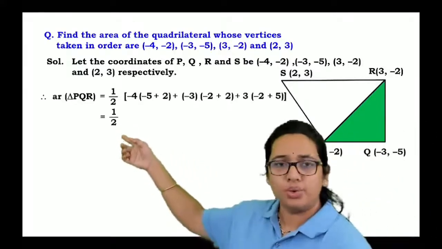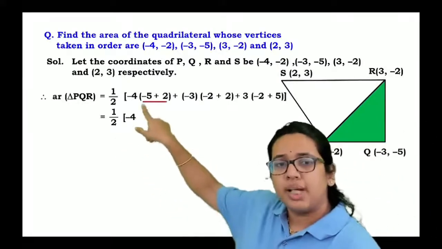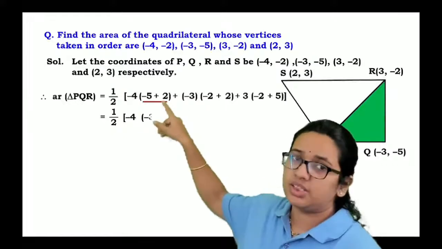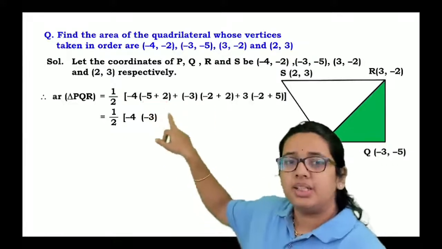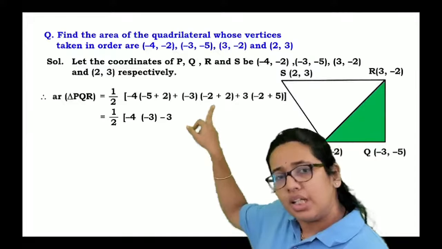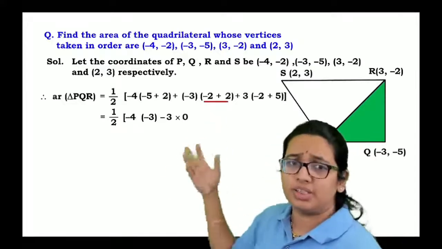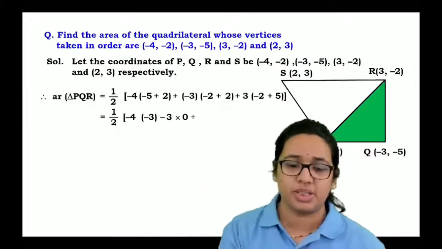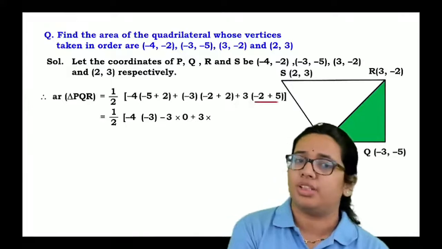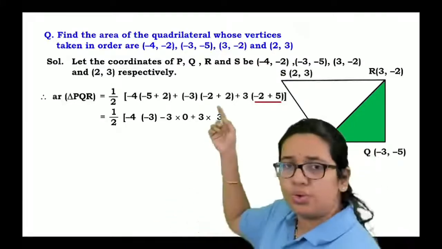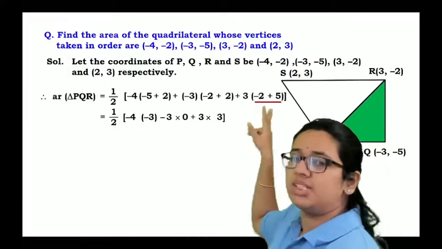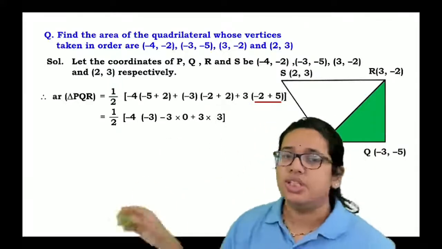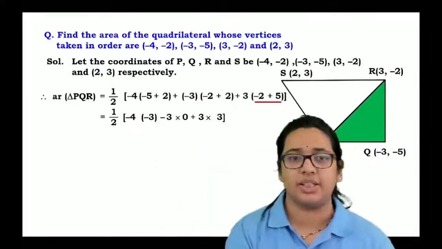Half into -4 into (-5 plus 2) will give us the answer -3, plus -3 into (-2 plus 2) is nothing but 0. So obviously इसका answer ही आपका 0 बन जाएगा middle term का. And for the third case, 3 into (-2 plus 5), which is same as 5 minus 2, will give us the answer 3.